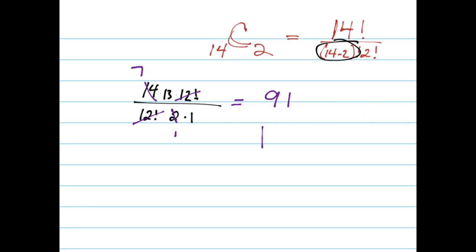So the probability that they pick your 2 is 1 out of 91. The only way that probability increases is if more of those 14 pictures are of you or your friend. Okay? So there's 91 ways to pick 2 pictures, and since there's only 1 picture of each of you, there's 1 out of 91 ways to pick you 2. Make sense? Okay.